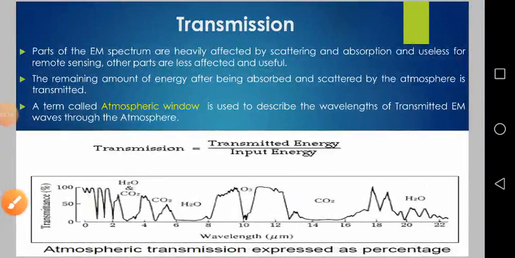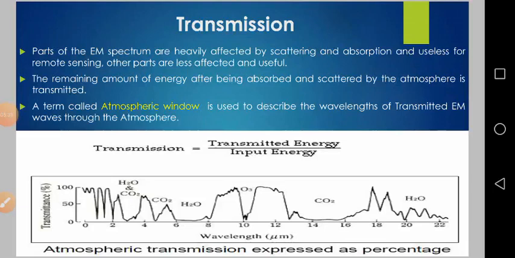The last one is the transmission. The part of the electromagnetic radiation remaining after being scattered and absorbed by the atmospheric constituents is transmitted and reaches the earth.